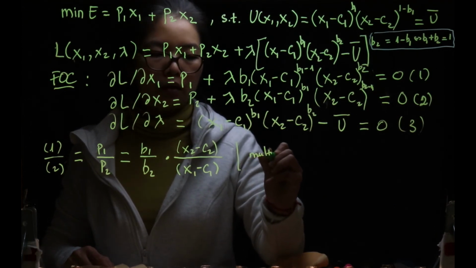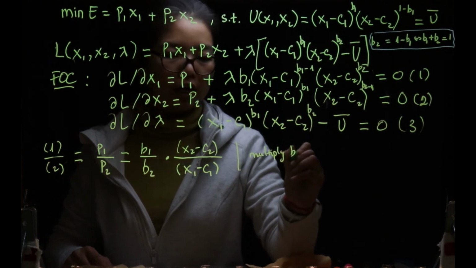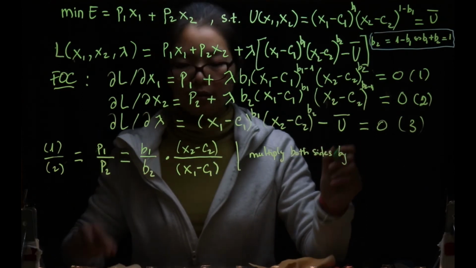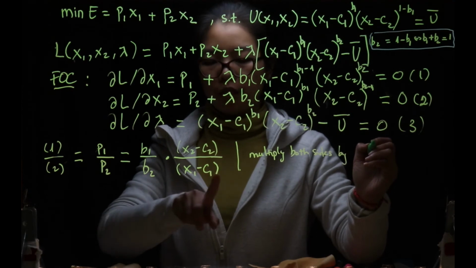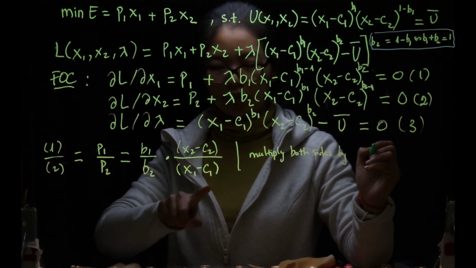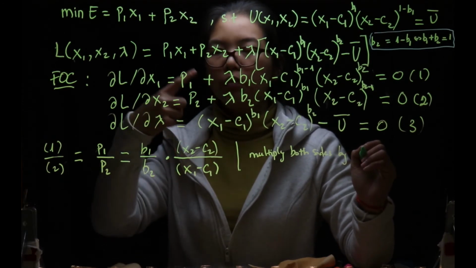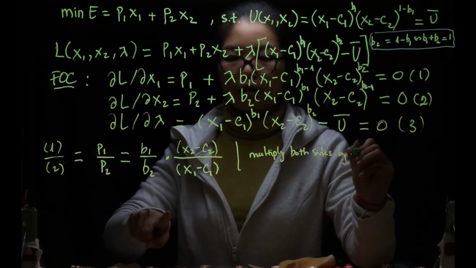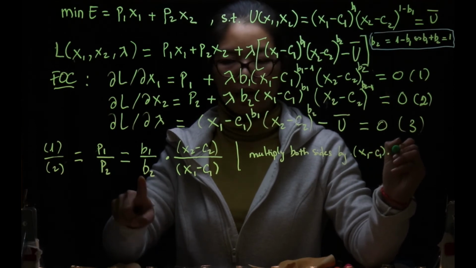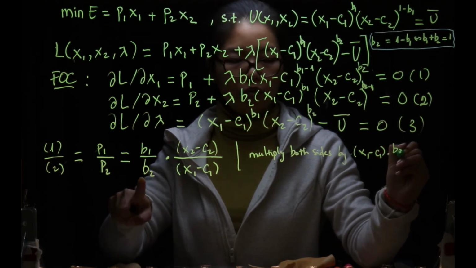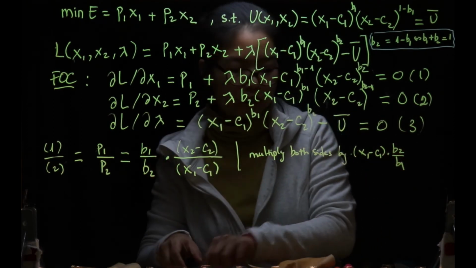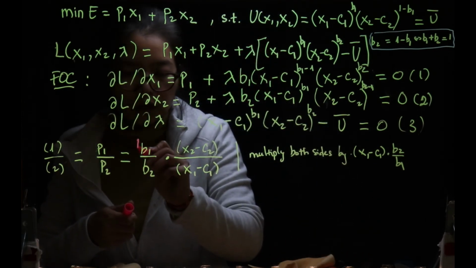Multiply both sides by, because we want x2 minus c2, everything else we have to cancel out. So you have to multiply by its reverse. So let's say x1 minus c1, then times b2 over b1. That's the reverse of this part over here.